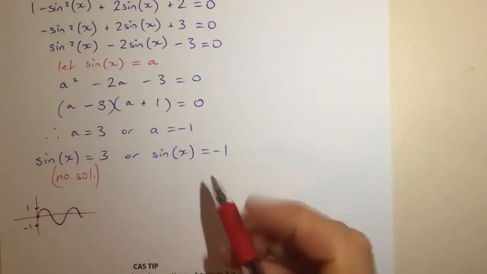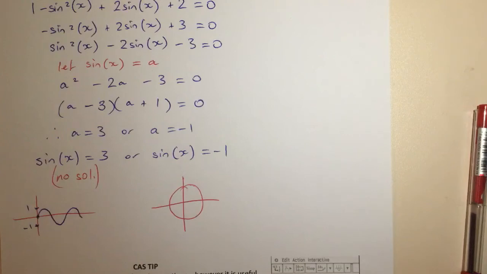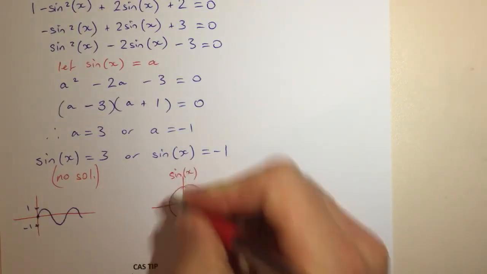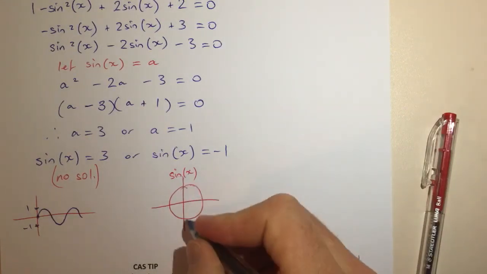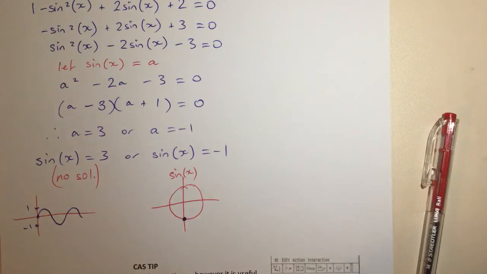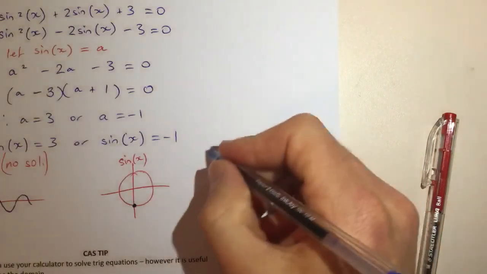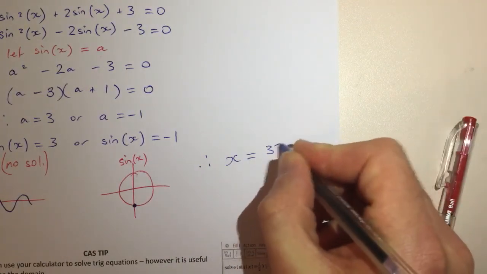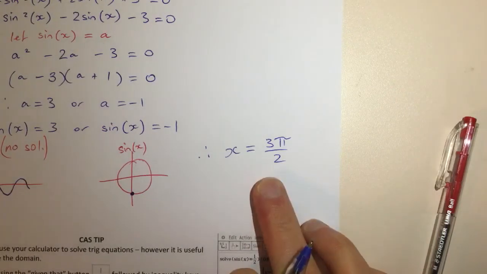To solve sine x equals negative 1, we think of our unit circle. We know that the sine x values are read from the y-axis, and so we're looking for where y equals negative 1 on our unit circle, and that's down here at 3 pi on 2. So therefore x equals 3 pi on 2 is a solution.